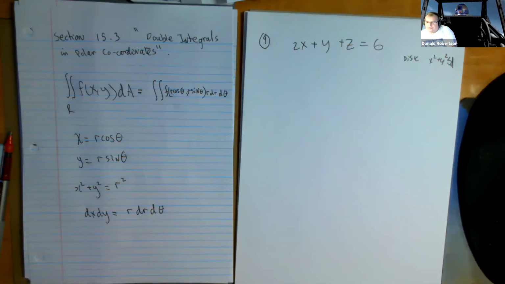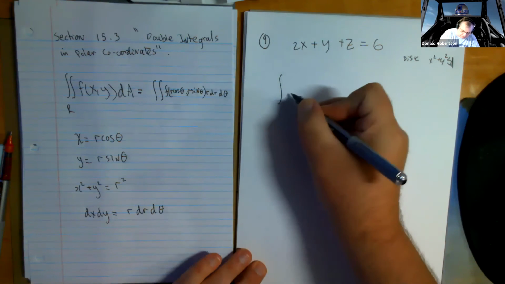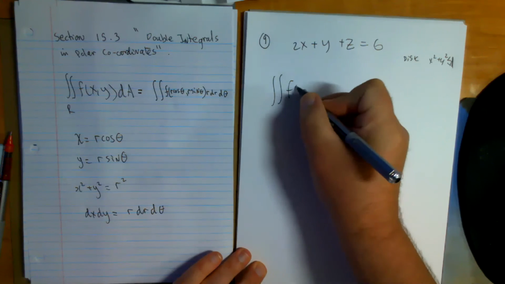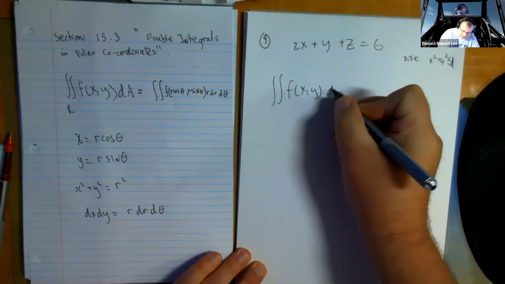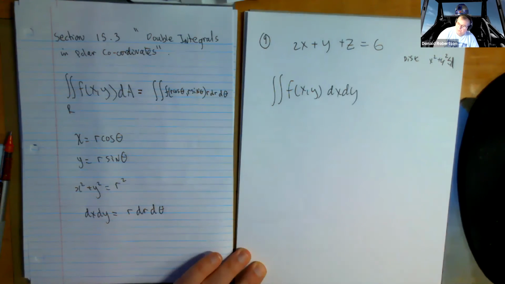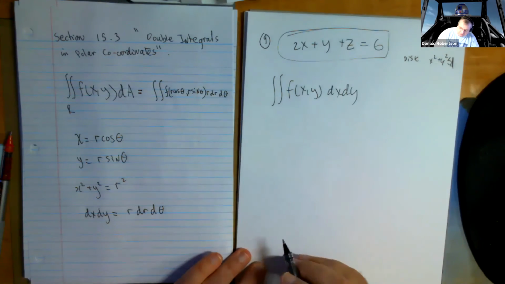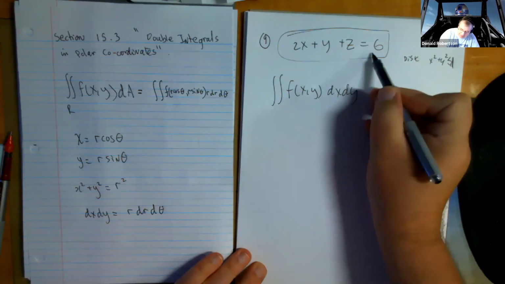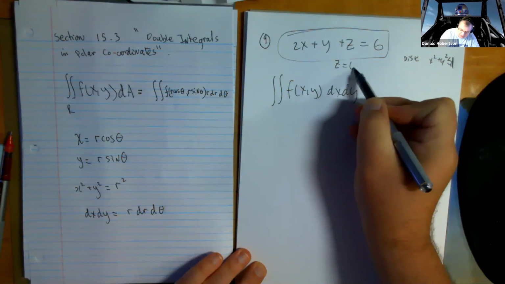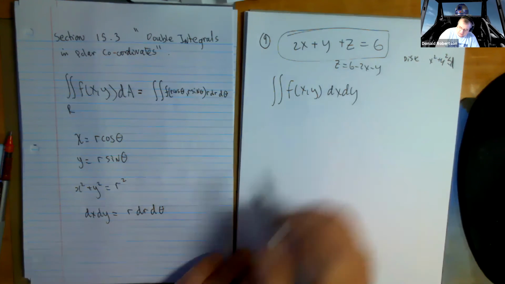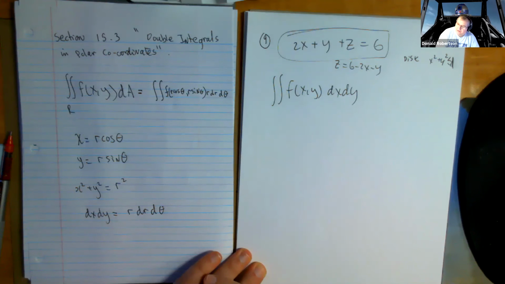I need a function f of xy, right? If you look at our generic double integral that we deal with, it looks like that. The information has not really been given in the format that I need. But if I rearrange this, can you see I now have my z?